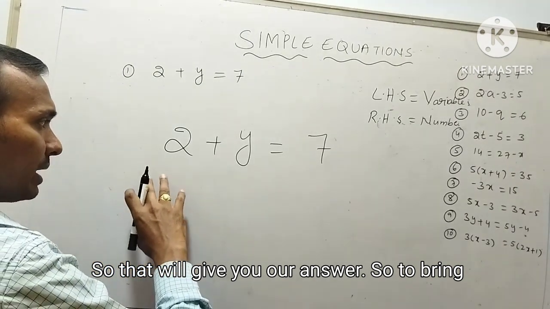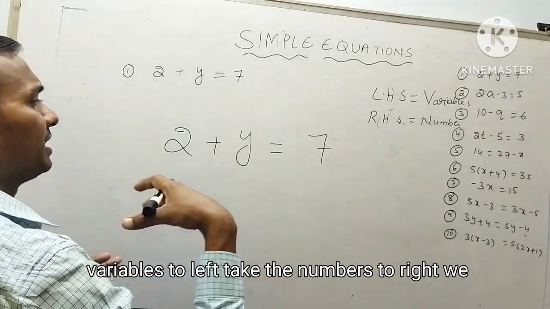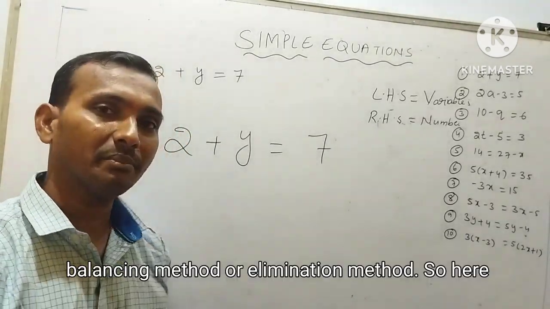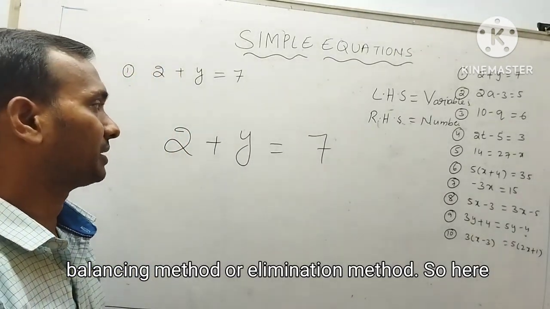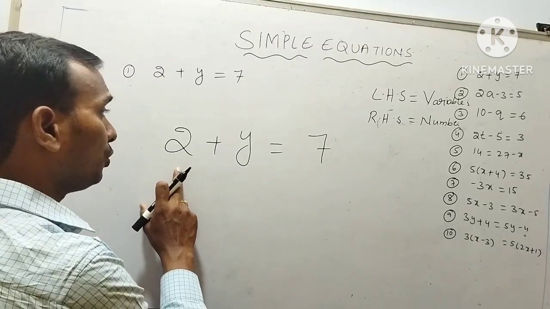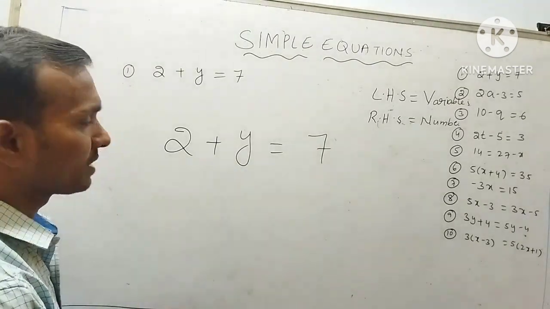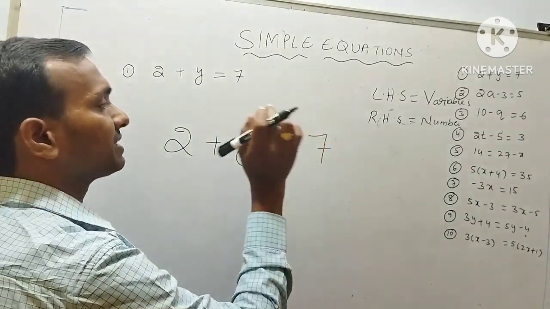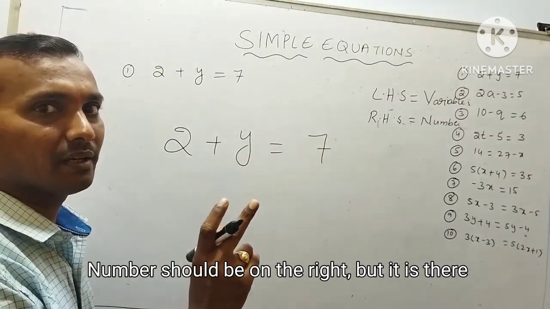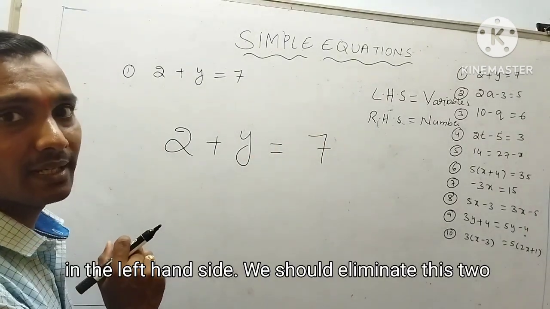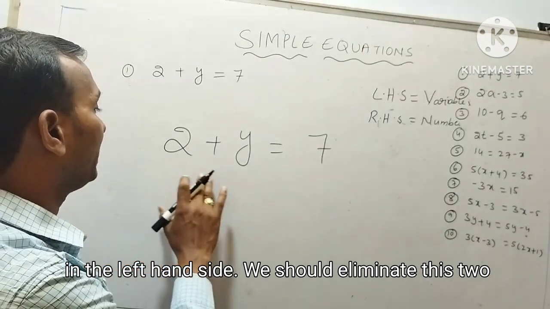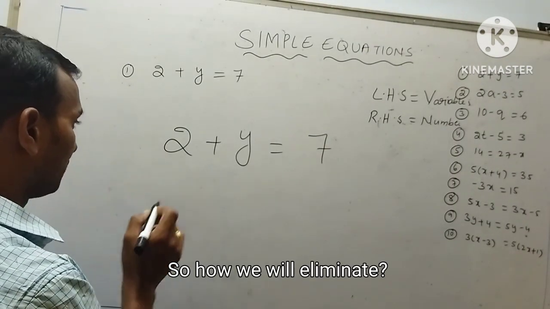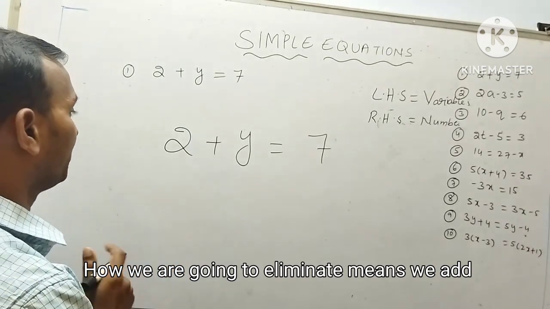To bring variables to left and take the numbers to right, we use a method called balancing method or elimination method. See here, 2 plus y is equal to 7. 2 is a number. What is the place of the number? Right hand side. But it is there in the left hand side. We should eliminate this 2. How?